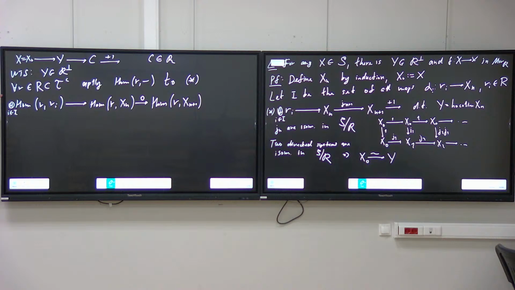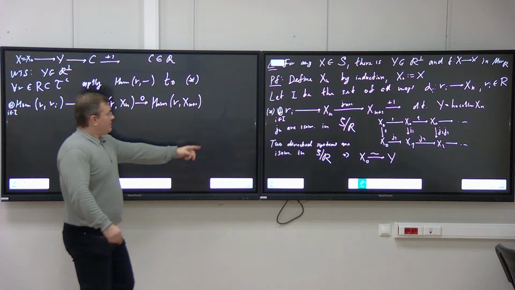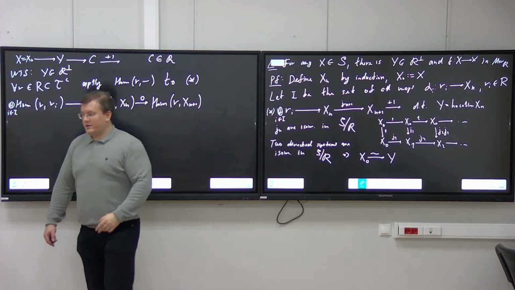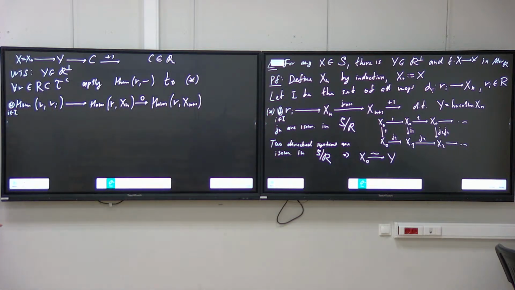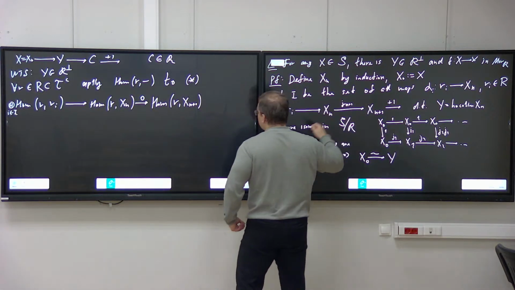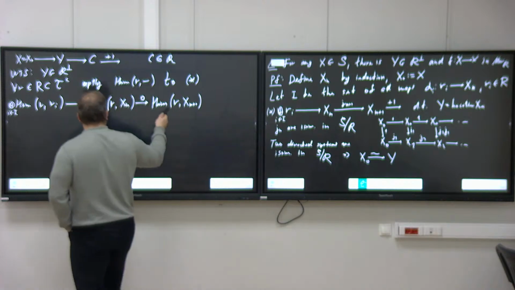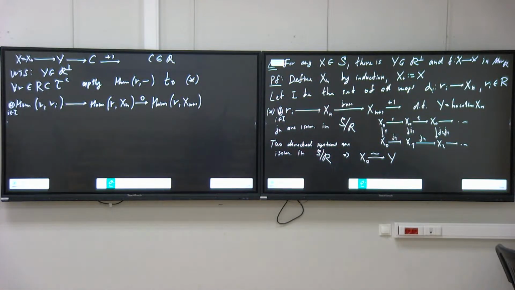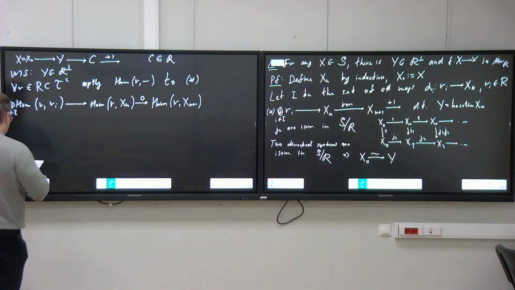Yeah, because this little r is one of the compact objects, right? And all the compact objects are already in this sum. So this little r is one of the summands in that sum. And hence, if you consider a map like this, then you get the composition which is 0. So this map of Homs is by construction 0.